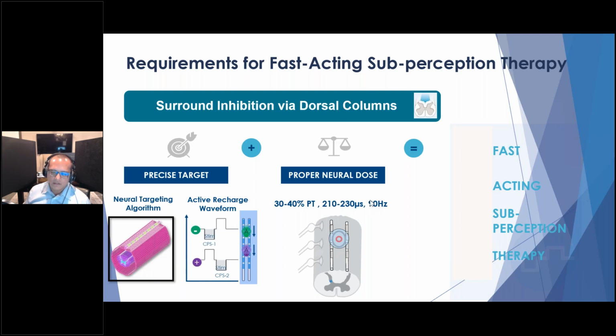So you're just not going to get that paresthesia overlay. So by just turning on fast, you can adjust the leads to where you're getting pain relief because it's so fast. And by placing the leads for the pelvic pain at the top of T11, it was immediate 100% pain relief. The patient did well at the trial, and she continues to do very well. No opioids, and she is very happy with the therapy.